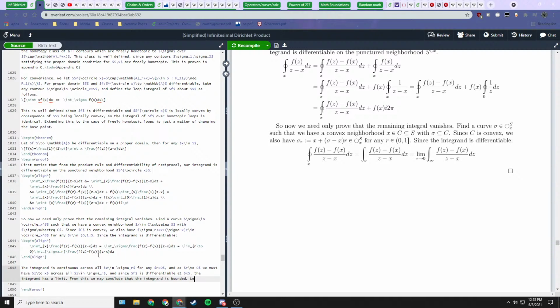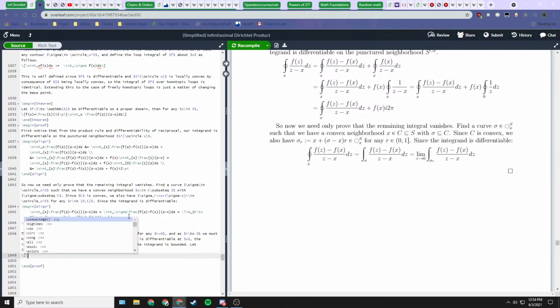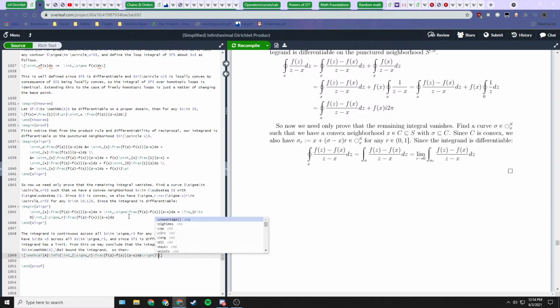And then we can say let b be a real number bounding the integrand. So then the absolute value of this integral is bounded by the length of sigma sub r times b, which goes to 0.